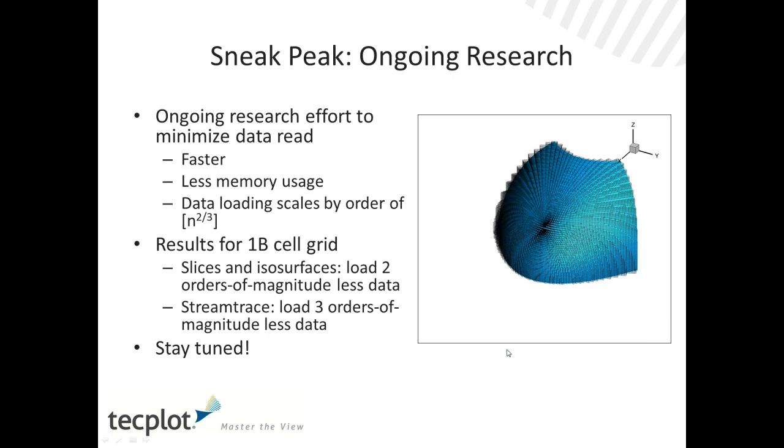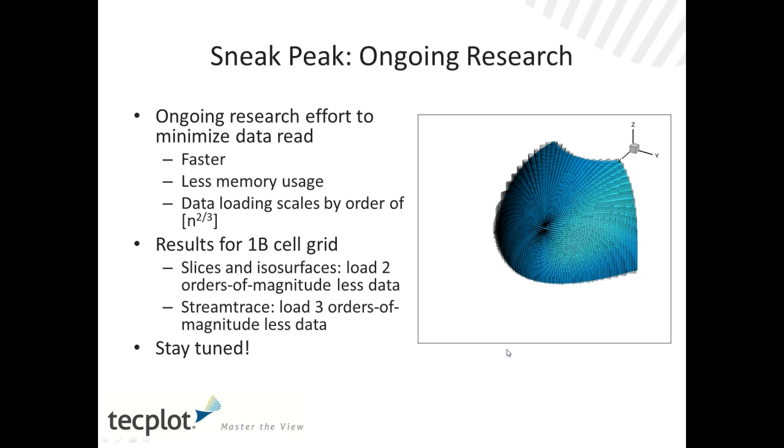We have some preliminary results for a 1 billion cell grid, and for that case, the slicing and ISO surfaces load 2 orders of magnitude faster. Wow. And it uses 2 orders of magnitude less data, so substantially less memory. Wow.